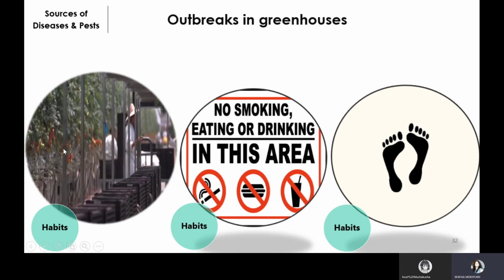So maybe after 1 day or 2 days, you will have those plant diseases.